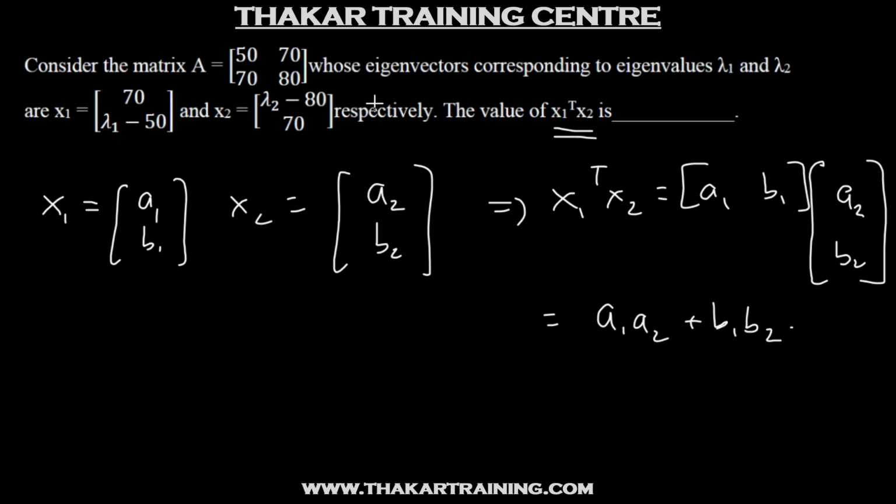Now, one way would be to obviously do the calculation and find out the eigenvalues and eigenvectors. You can find the eigenvalue by the characteristic equation or by the properties. But here you can observe that this is a symmetric matrix, right?